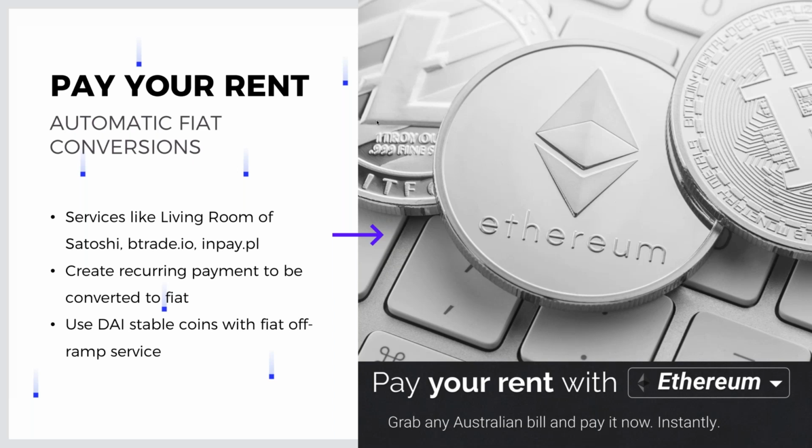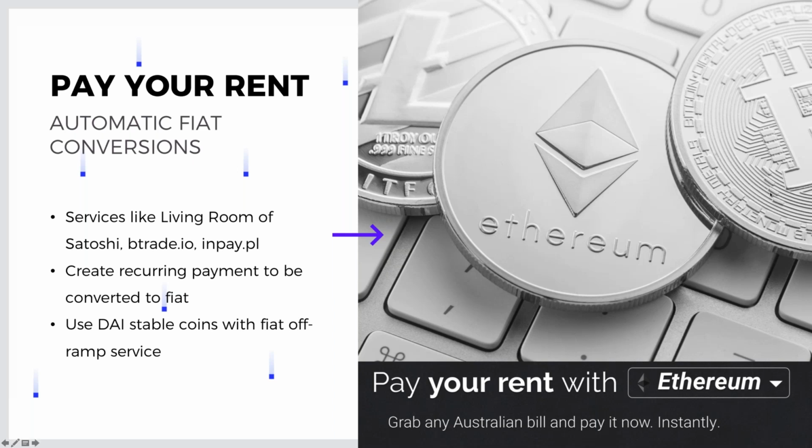So I was looking around for ways to do this, and it turns out there are some services online which will act as fiat gateways on your behalf. You can send crypto to these services, and they'll convert it into fiat and pay your bills for you. There are a few different ones of these.